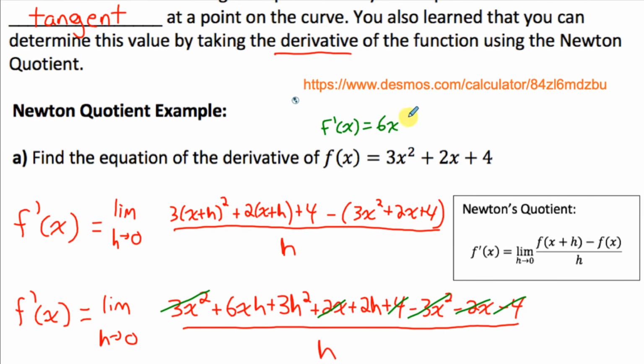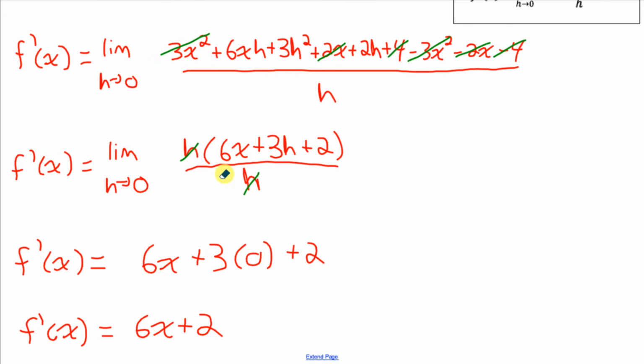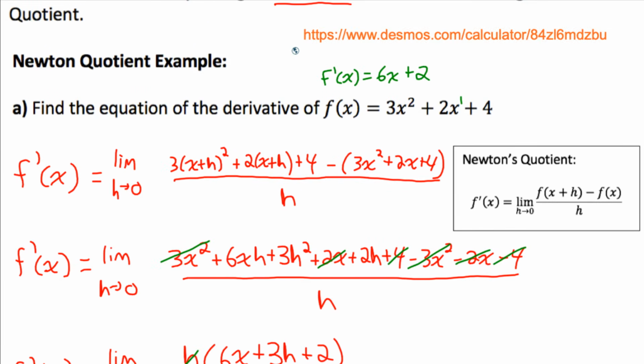Then I do plus the derivative of 2x, that has an exponent of 1, 1 times 2 is 2, x to the power of 0, which means there is no x, and then plus the derivative of a constant. Derivative of any constant is 0, so I wouldn't have to write that either. 6x plus 2 is the equation of the derivative. And look, that's what we got using Newton's quotient. So the derivative rules make it a lot quicker.